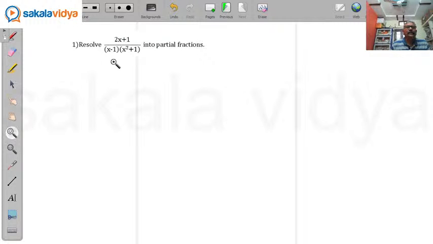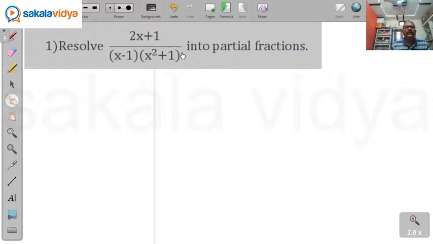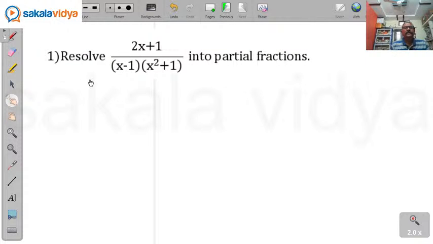Just see, this is the question: resolve 2x plus 1 by x square minus 1 multiplied by x square plus 1 into partial fractions. Please all of you note this down. Look at the screen also.